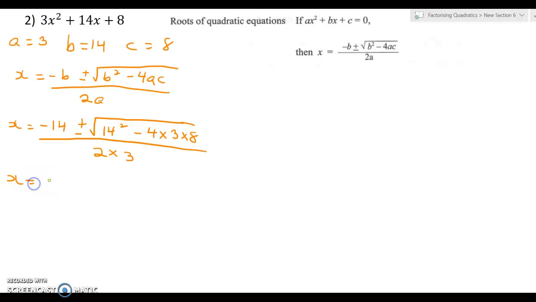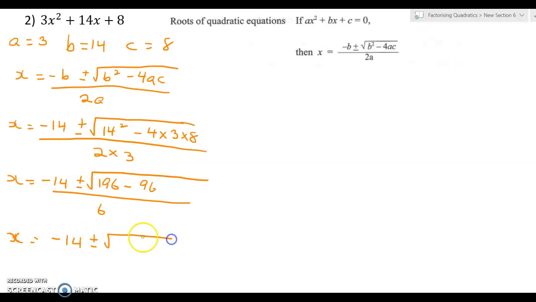So x is equal to minus 14 plus or minus the square root of 14 squared, which is 196, and now you have to work out the 4 times 3 times 8, which is 96, all over 2 times 3, which is 6. So x is equal to minus 14 plus or minus the square root of 196 take away 96, which is 100, all over 6.